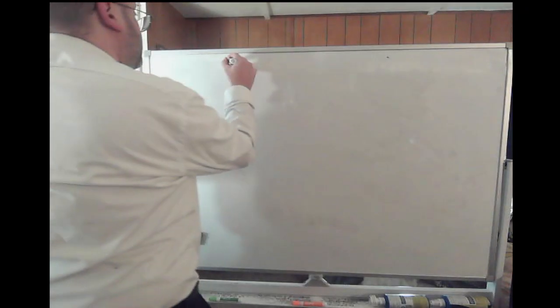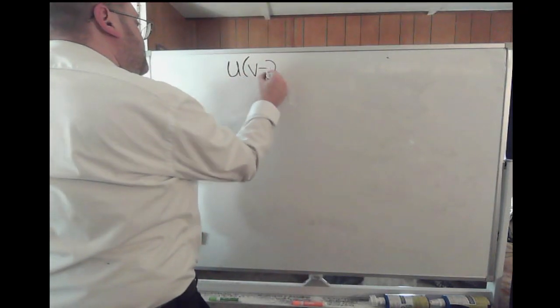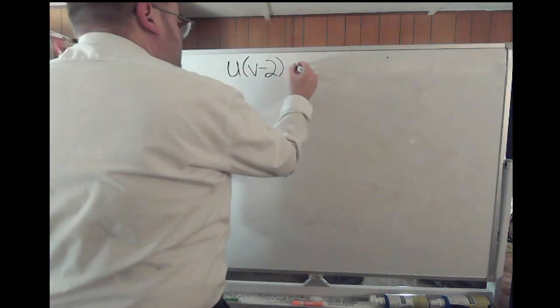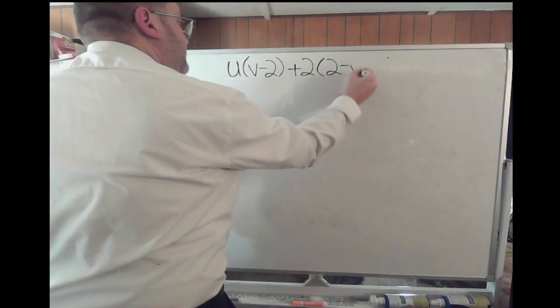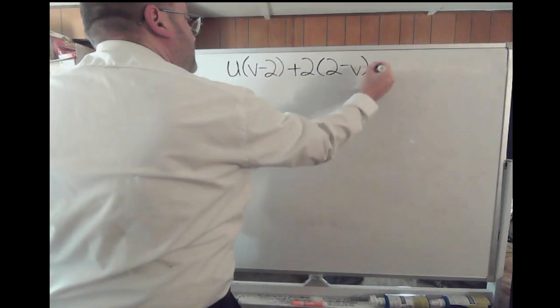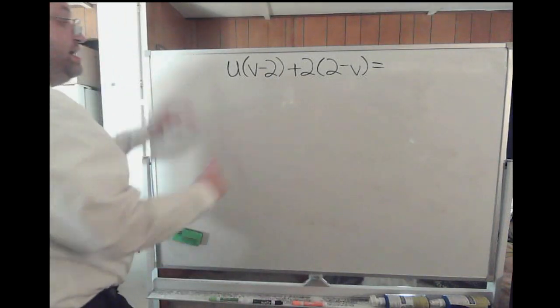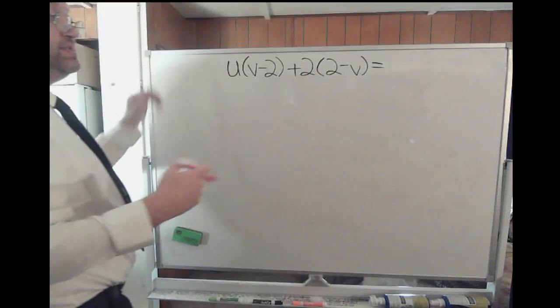Alright, we have u times the quantity of v minus 2 plus 2 times the quantity of 2 minus v. Okay? At the moment we have no common factors, but v minus 2 and 2 minus v are opposites.